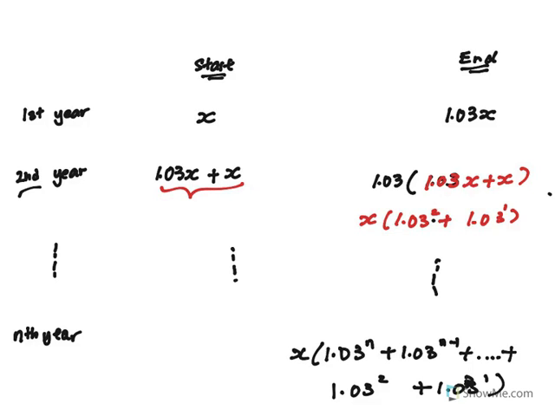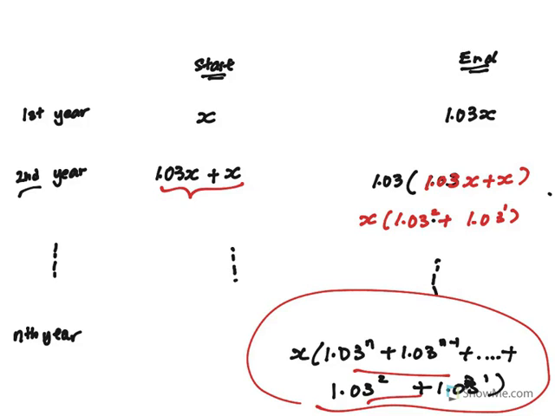So how do we find the amount at the end of the n-th year? You can see this is a GP, so we can quickly sum it up.